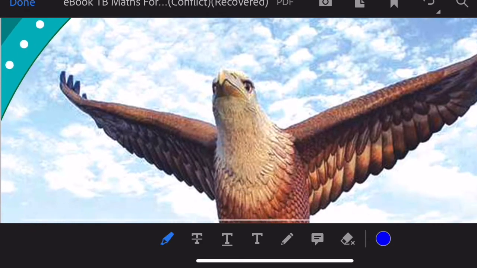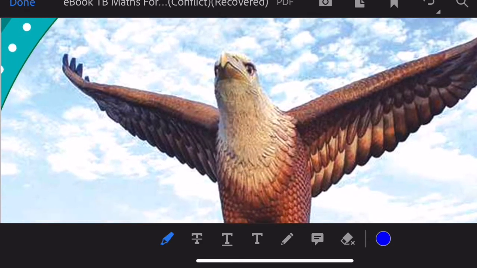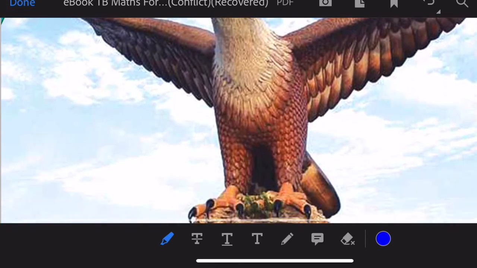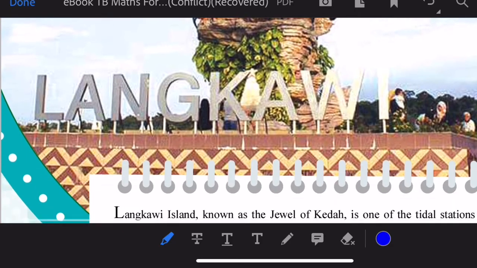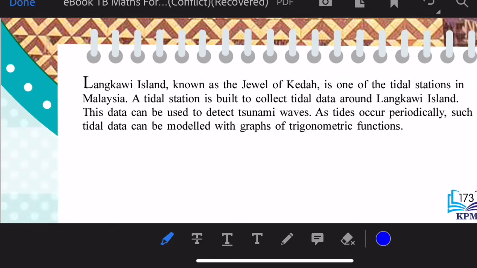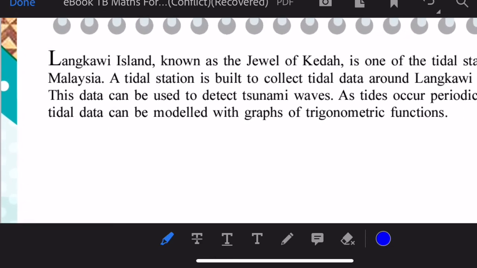Now, can you see what animal this is? This is an eagle, right? Where is the eagle? It is at Langkawi, right? Alright, so let's study the introduction.